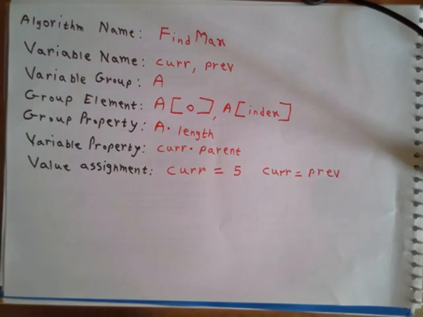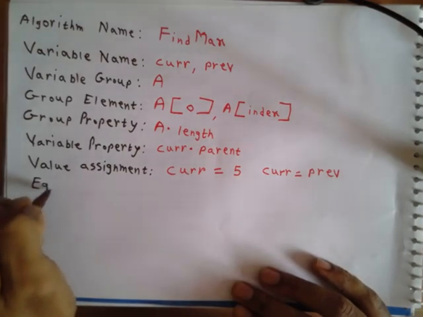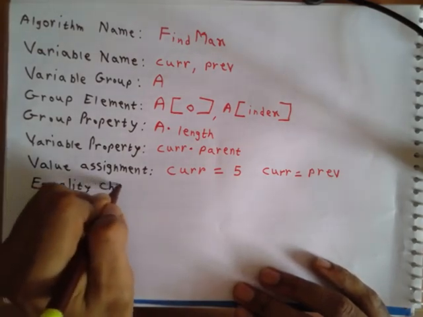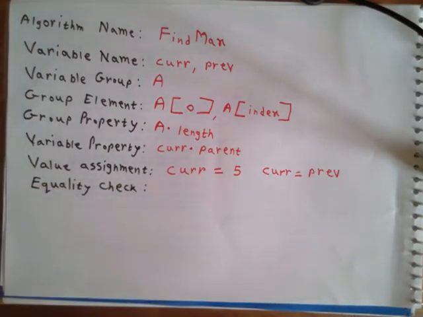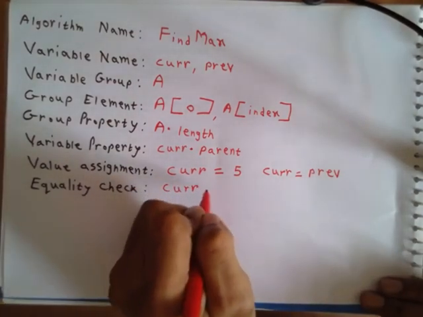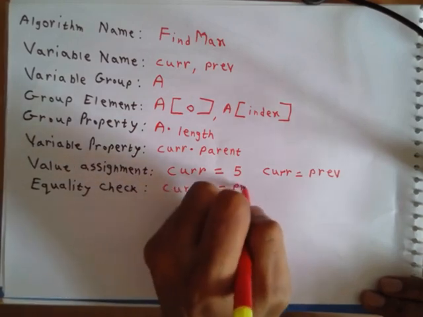Sometimes we might want to check if two variables have the equal or same value. So I would have the equality check. I'll give the name of the first variable, let's say current, and ask the question if it is equal to the other variable, say previous.